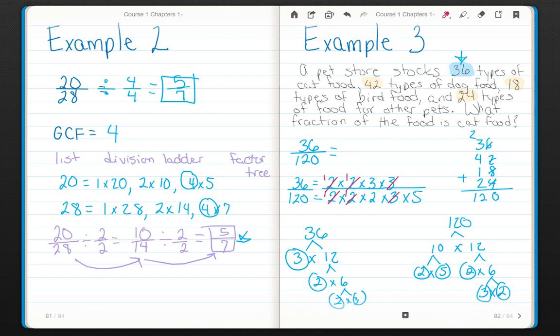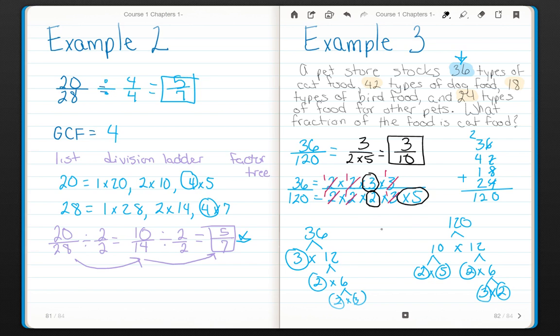And 3 divided by 3 is 1 over 1. So I am left with a 3 in the numerator and 2 times 5 in the denominator, which is 3/10. So 3/10 of the food is cat food.